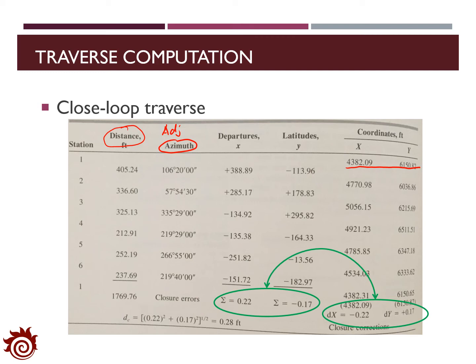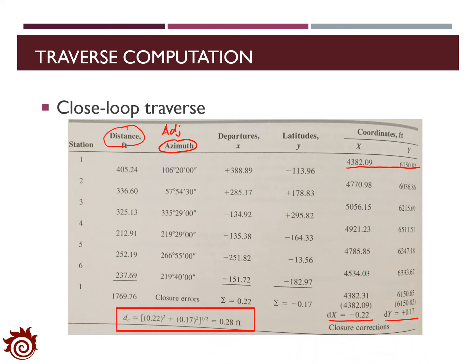For this example, it's minus 0.22 for dx and 0.17 for dy. Similarly, we can find out the total closure error as the square root of dx squared plus dy squared, which is 0.28 feet.